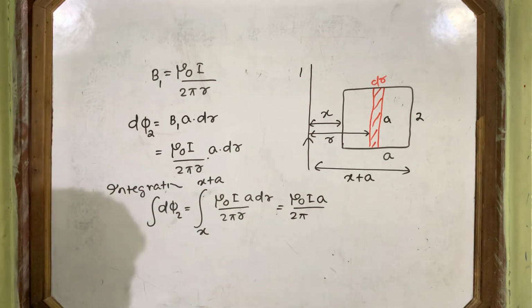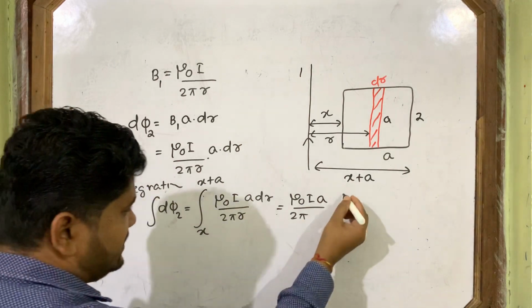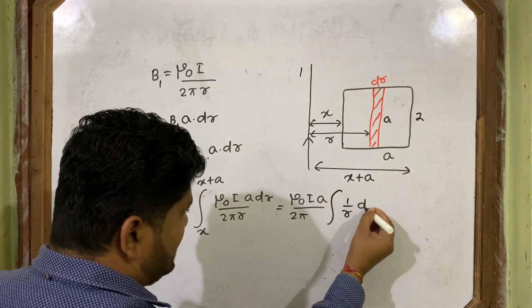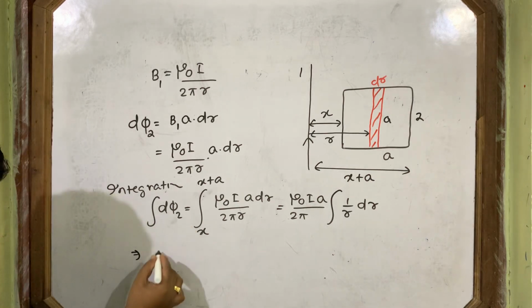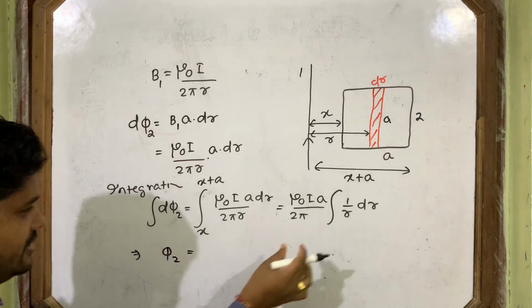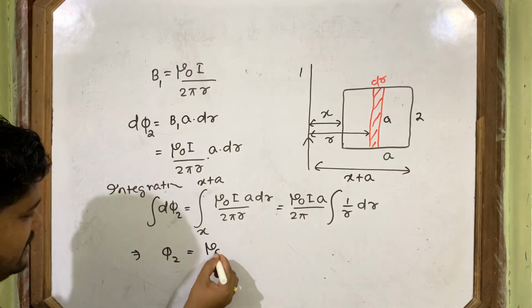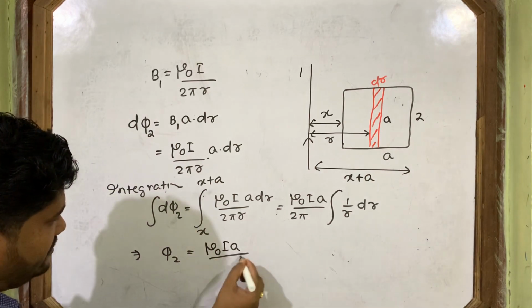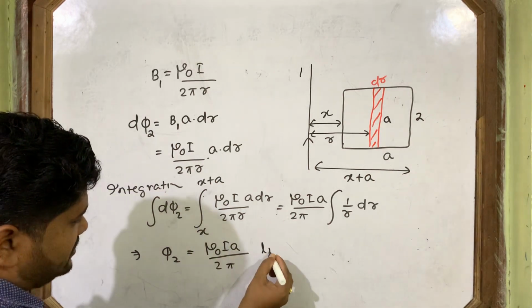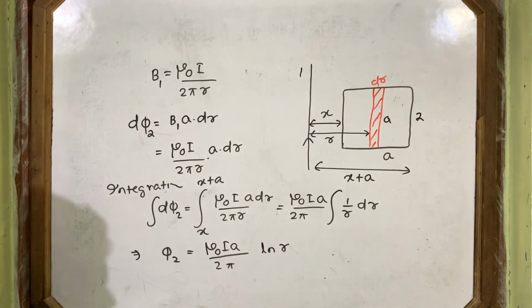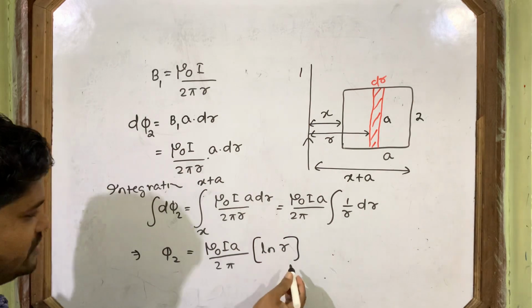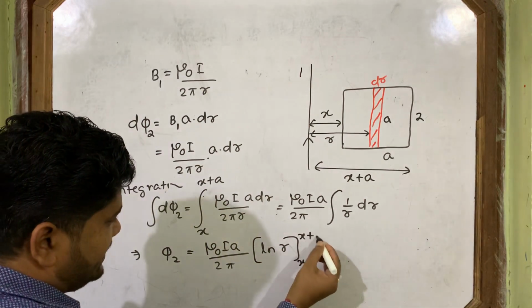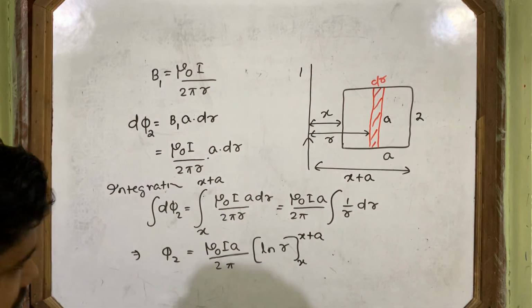The only variable is r, so we integrate 1 by r dr. You already know the integration formula: it is ln r, from x to x plus a.